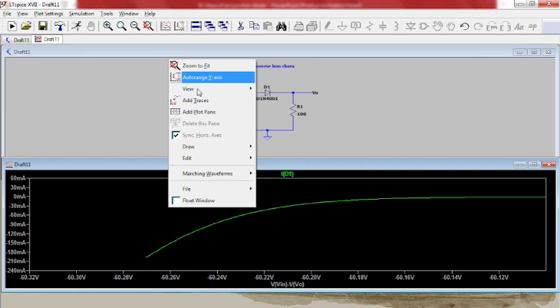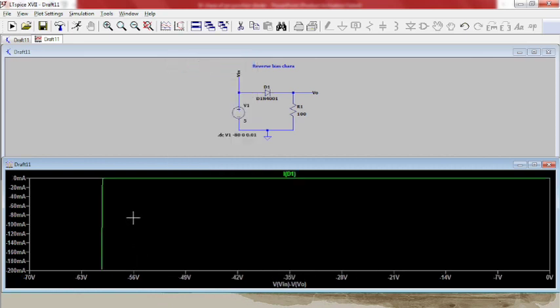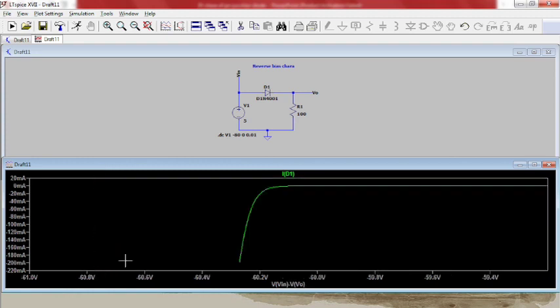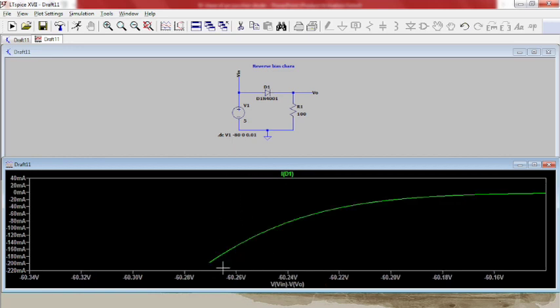So this is the reverse bias condition. Similar to the forward bias condition, we can find out the static and dynamic resistance in the reverse bias condition. We can find it by taking the slope of this part.